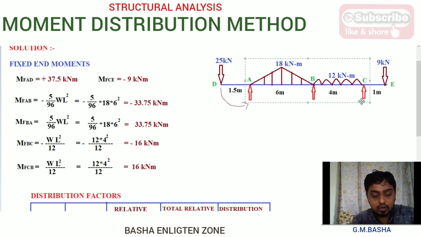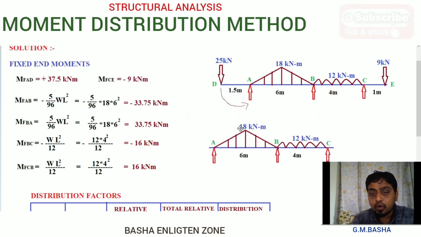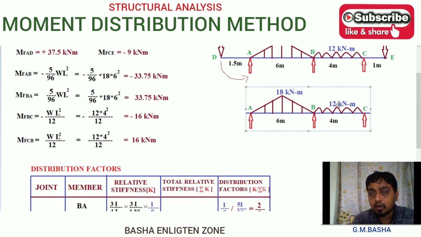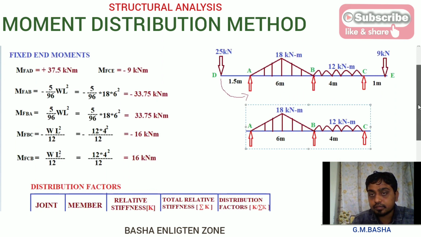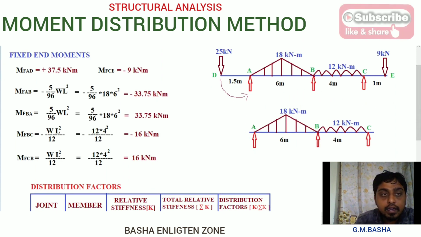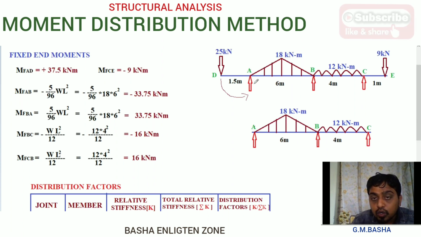So I am removing the overhanging portion of the beam and directly applying the moment here. The force acting towards A is an anti-clockwise moment.